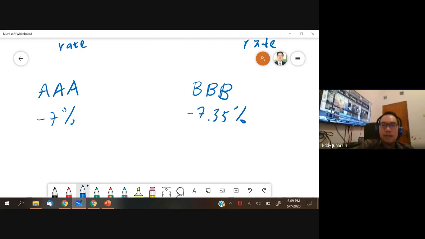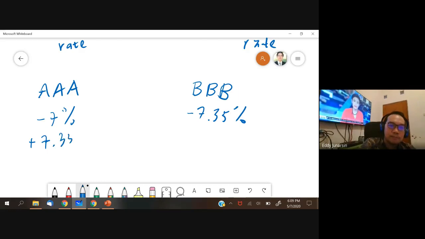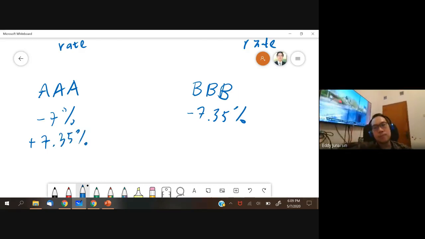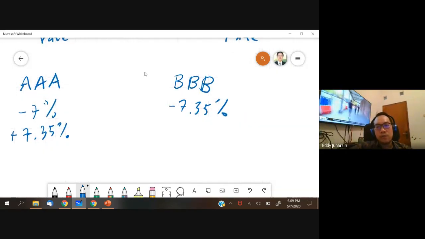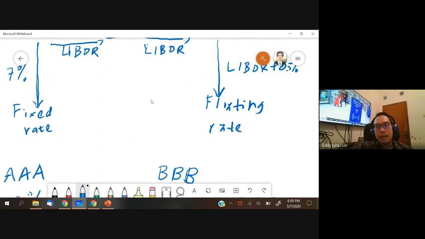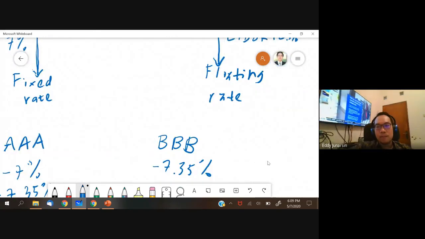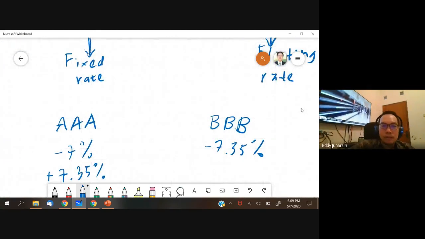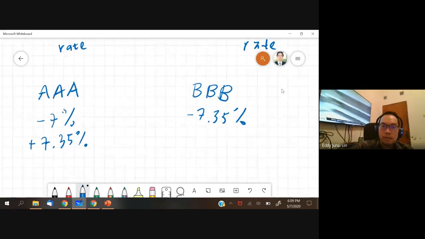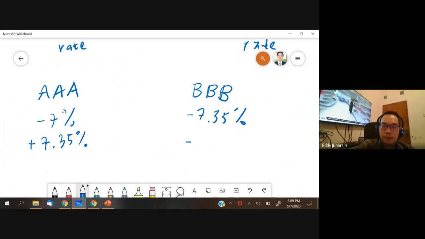Okay, and the 7.35 will be received by triple A firm. Now triple B firm will issue the floating rate debt at LIBOR plus half. So it will pay LIBOR plus half.